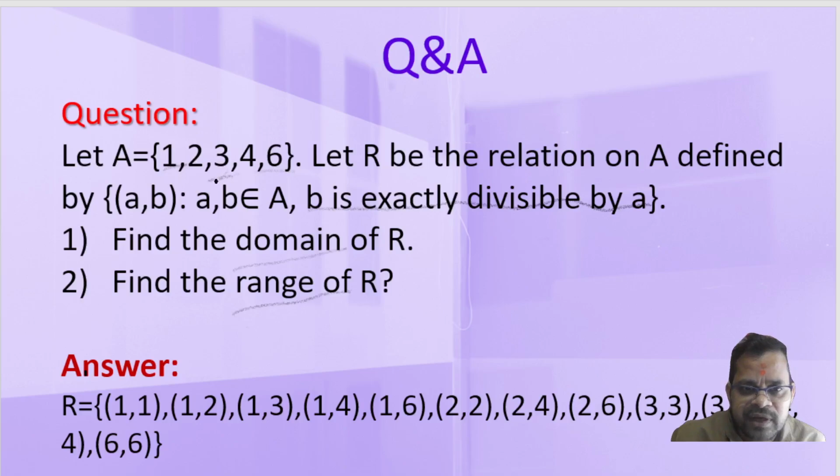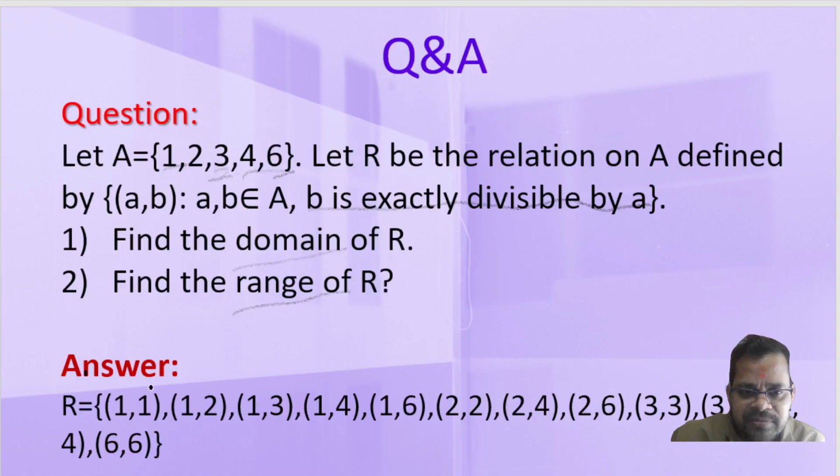These are the 5 elements. 1 is divisible by 1, by 2, by 3, by 4, and by 6.